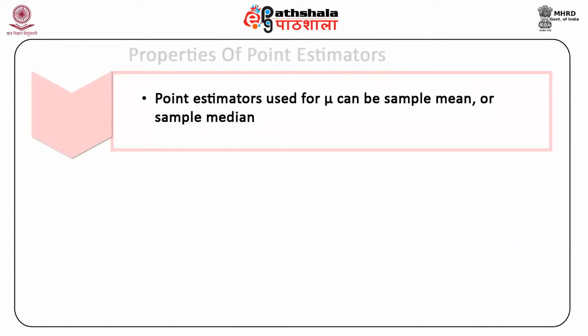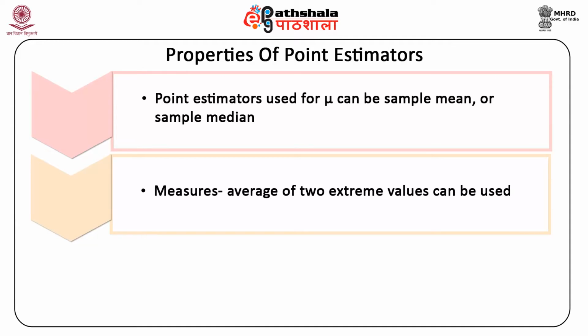Point estimators used for mu can be the sample mean or the sample median, since for a normal distribution the mean is equal to the median, as the distribution is symmetric. Also, the average of the two extreme values or the 10% trimmed mean can be used.